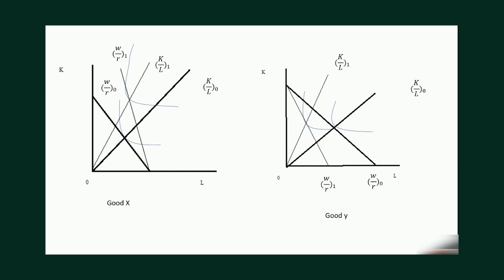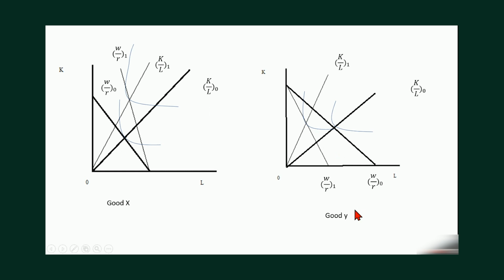At the new wage rental ratio, that is W1, the producers now shift to an isoquant at a higher level and are now producing at the tangency. But it's interesting to note that the relative capital intensity of production has gone up for good X.